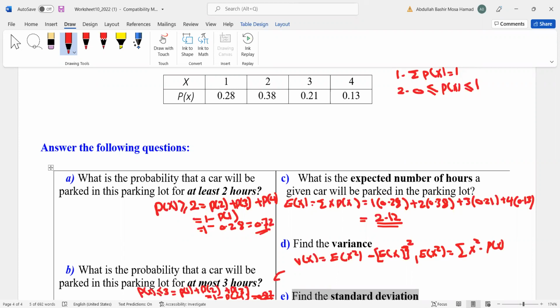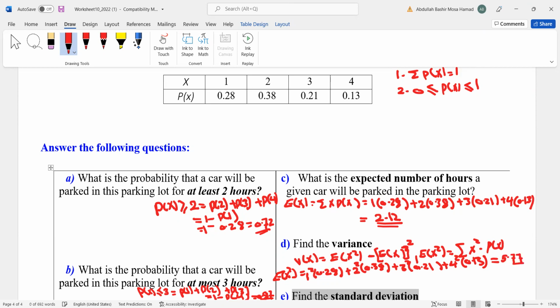So the expected value of x squared equals 1 squared multiplied by 0.28 plus 2 squared, which is 4, multiplied by 0.38 plus 3 squared, which is 9, multiplied by 0.21 plus 4 squared, which is 16, multiplied by 0.13. This equals 5.77.